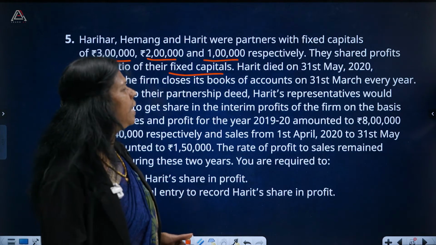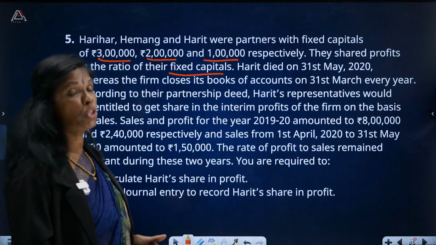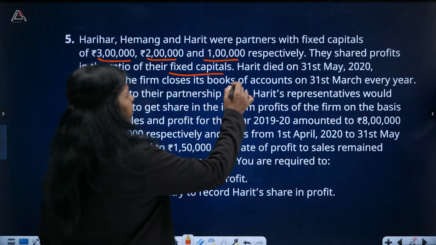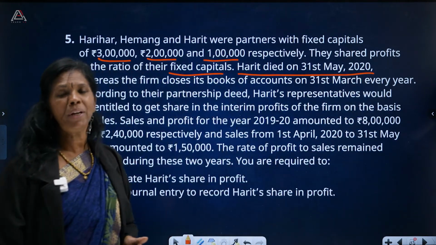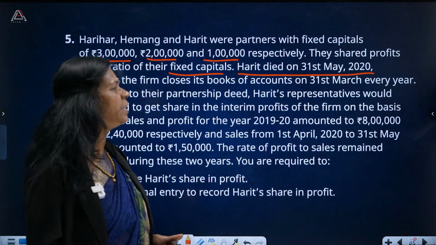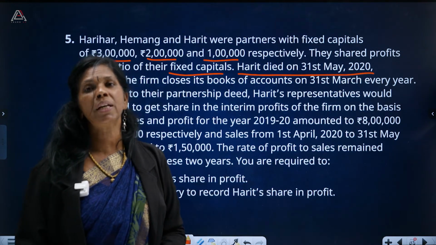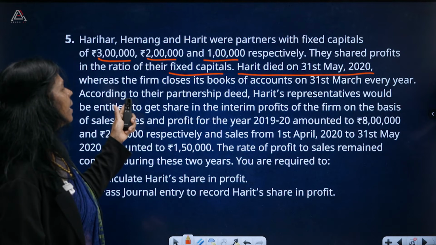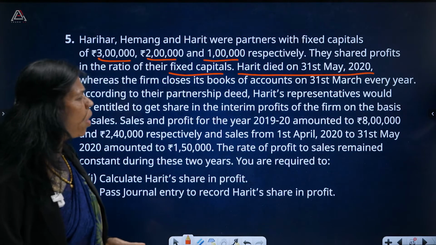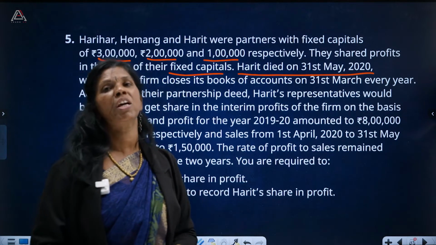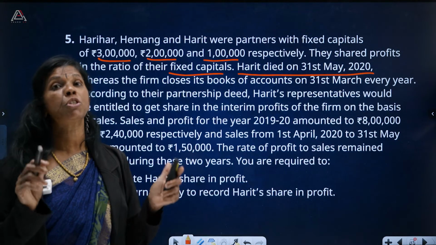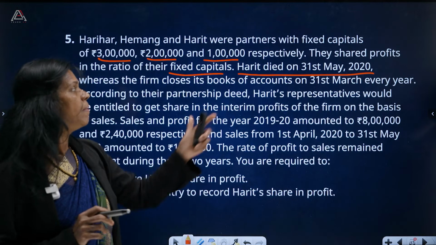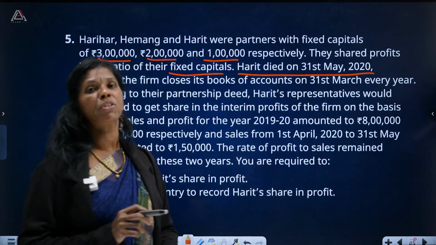Then Harith died on 31st May 2020. Note the date of death. Out of these 3 partners, Harith died on 31st May 2020. Whereas the firm closes its books of account on 31st March every year. Then Harith died on 31st May.